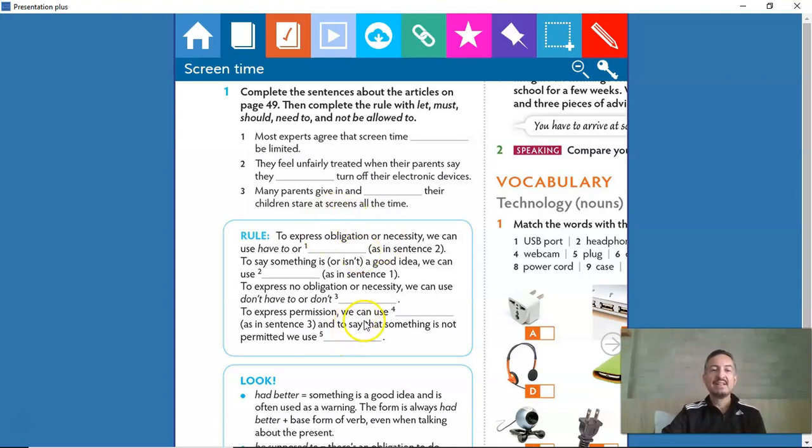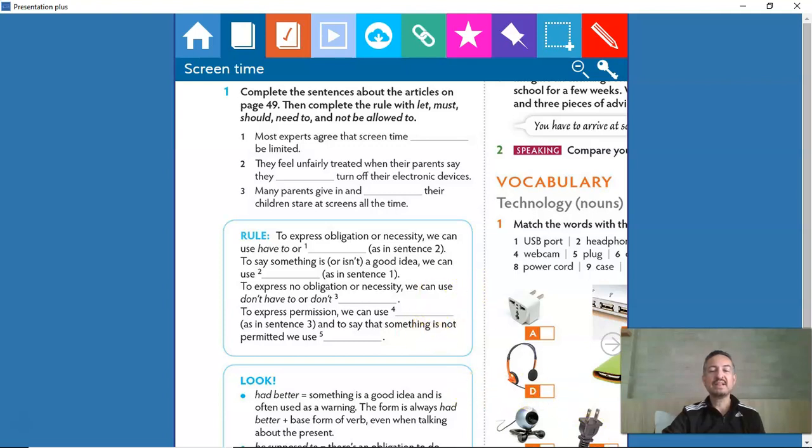To express no obligation or necessity, we can use don't have to or, as we have here, don't need. And to express permission, as in sentence 3, we can use let. And to say that something is not permitted, we use not allowed to.